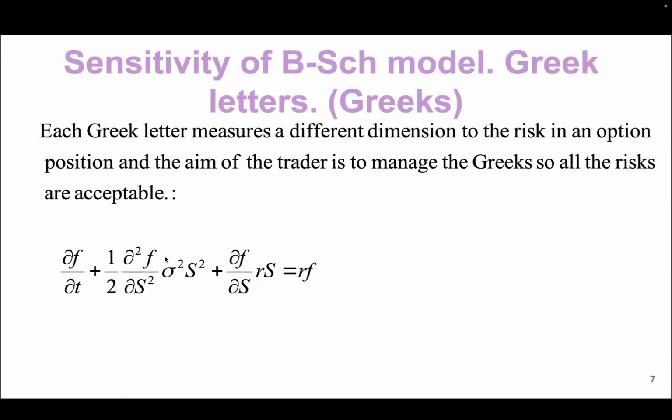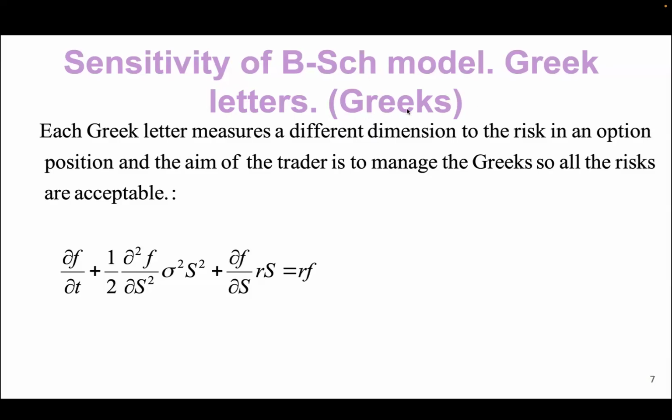So it's called sensitivity of the model. Sensitivity of the model means that we learn how the fair price, or the value of the model, changes if we change the value of the parameters. And these changes with respect to parameters we call Greeks, by Greek letters.